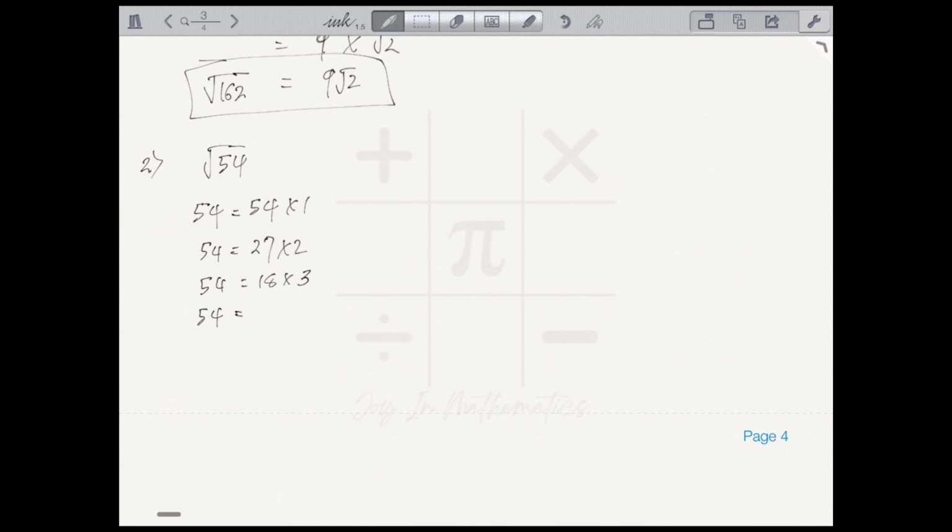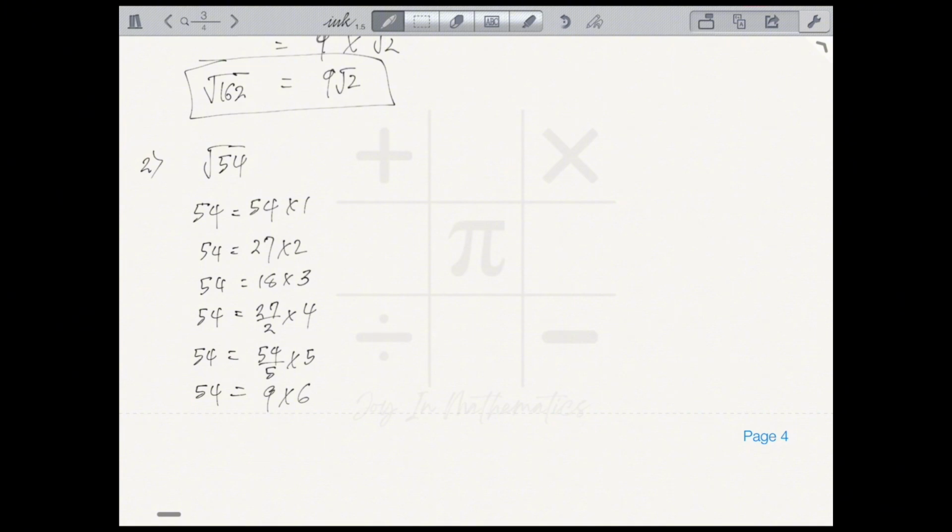Therefore, 54 can also be 27 over 2 times 4. 54 in terms of 5 is 54 over 5 times 5. And for multiples of 6, you can say that this is 9 multiplied by 6.